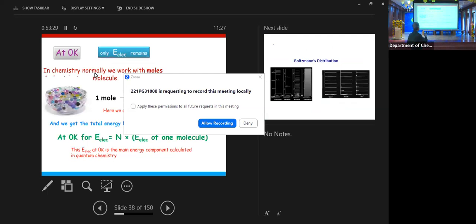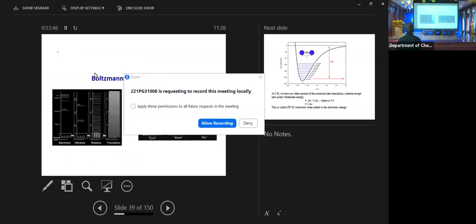So we assume the molecules are non-interacting, and n times the electronic energy of one molecule gives you the total energy of the system with n, that is 6.023 times 10 to the power of 23, molecules.